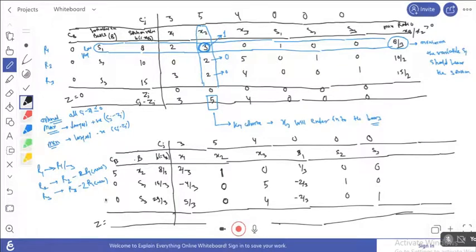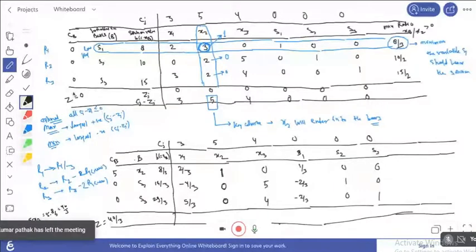So 5 of x2 equals 5 times 8 by 3, which becomes 40 by 3. Okay, so in the first step your z is 0, and now you find a better approximation, a better result, because z is approximately 13 point something.